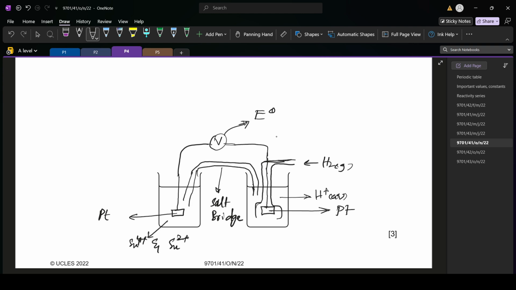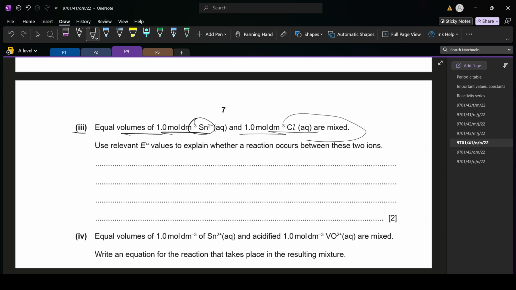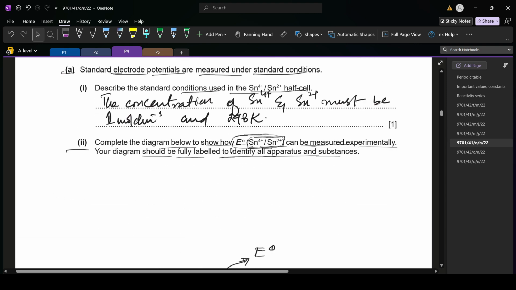Now moving towards the next part. Equal volumes of 1 mole of tin 2 plus and 1 mole of chloride are mixed. Use the relevant electrode values to explain whether a reaction occurs between these two ions. So tin 2 plus and chloride ions.